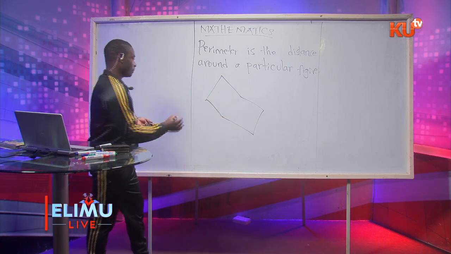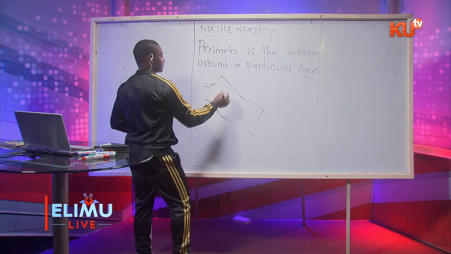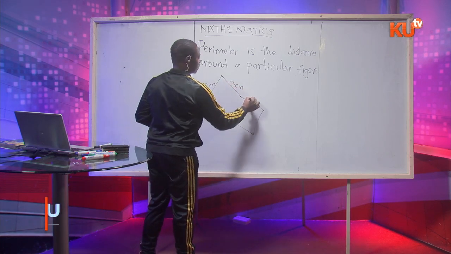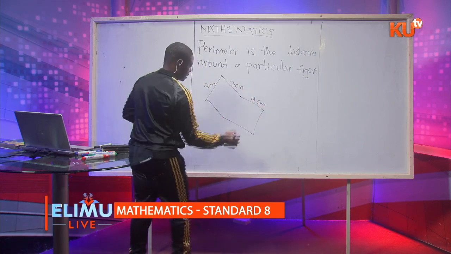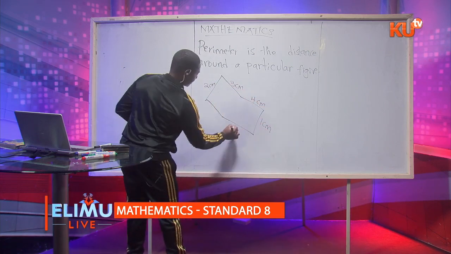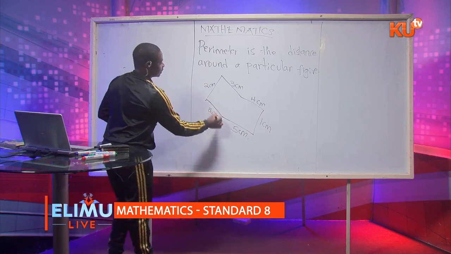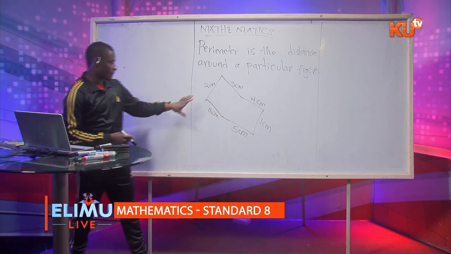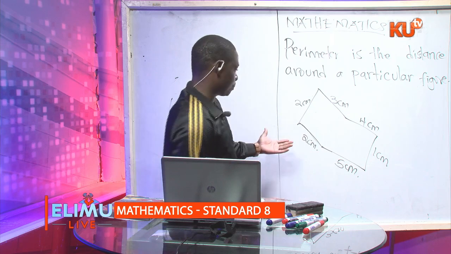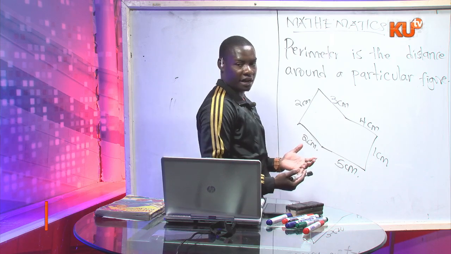We can have measurements 2 centimeters, 3 centimeters, 4 centimeters, 1 centimeter, 5 centimeters, and maybe 2 centimeters. If you look at this figure, we don't have a specific shape that we can classify it as.